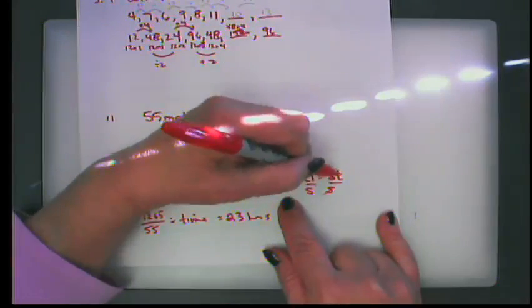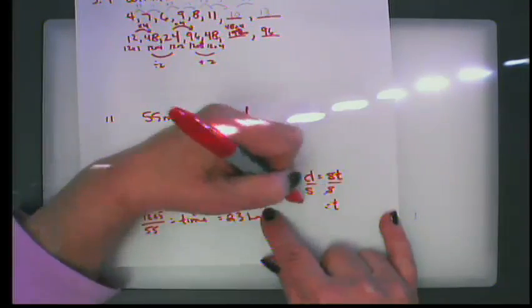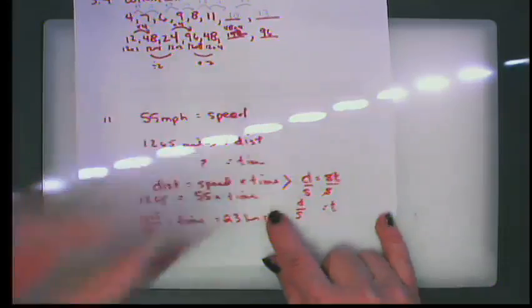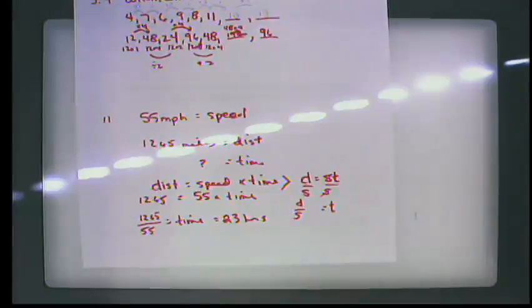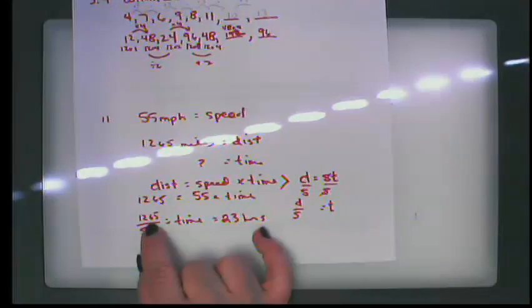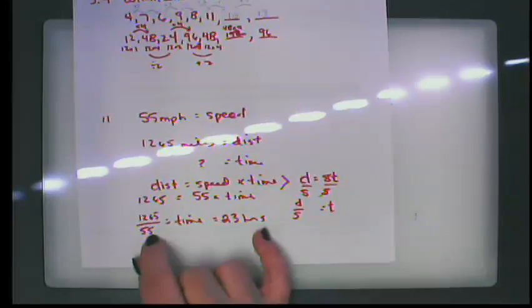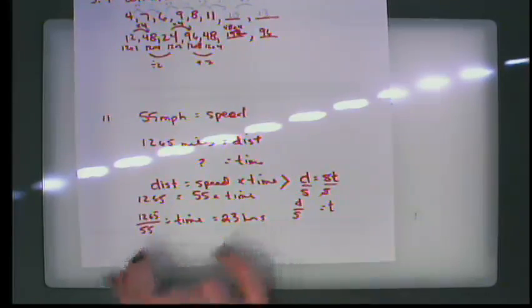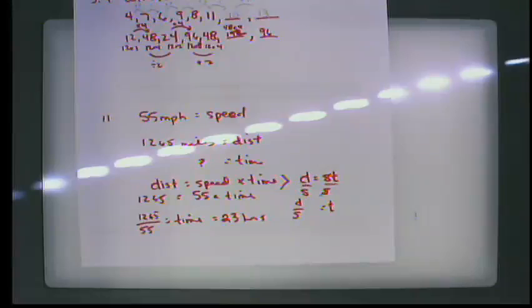And so these cancel, and we're left with time on one side. So over here, we're at distance divided by speed. That's the algebraic way. That's why I did it on Excel as well, to show you. Basically, you take the distance, 1265 miles, divide by the speed, 55 miles per hour, and you get the time, which is 23 hours.